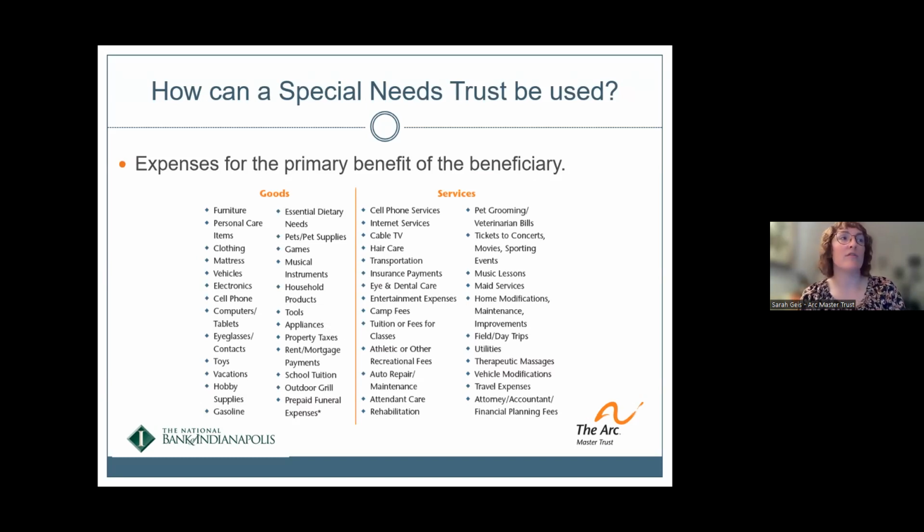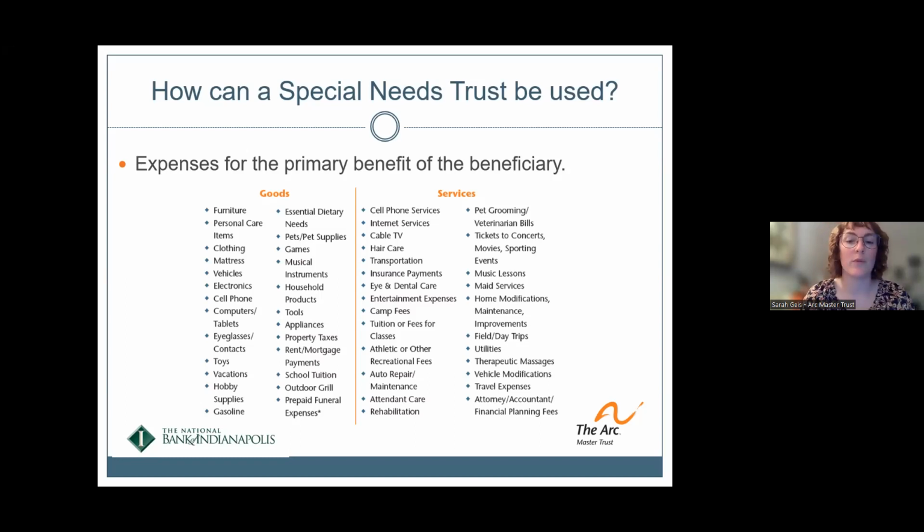It can be used for furniture, clothing, basic personal needs, things for a home or an apartment, transportation costs, car insurance. We can pay for vehicles. Sometimes we have paid for homes, and a special needs trust can pay for a home.